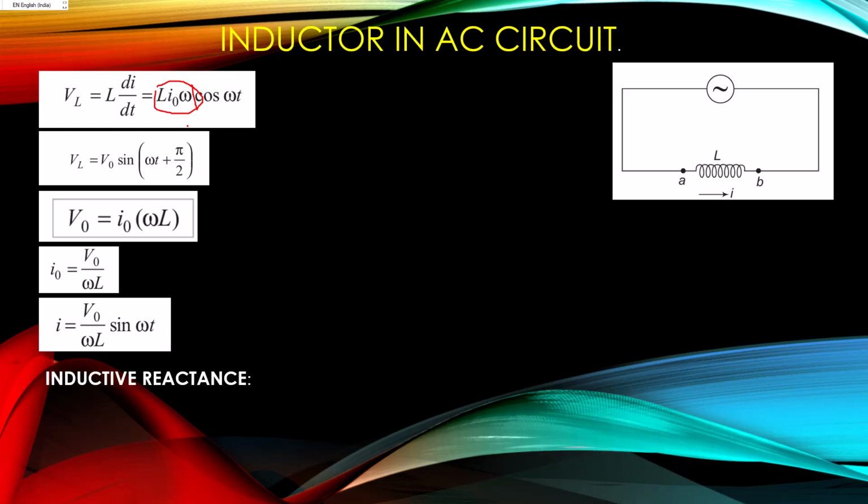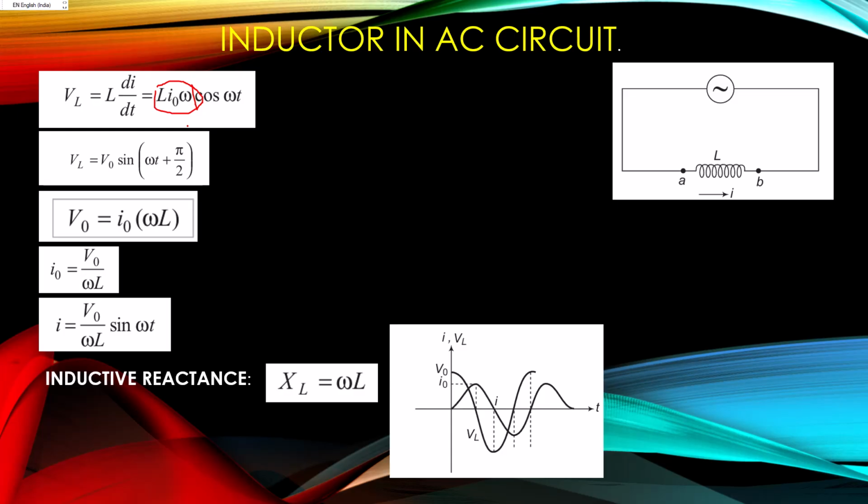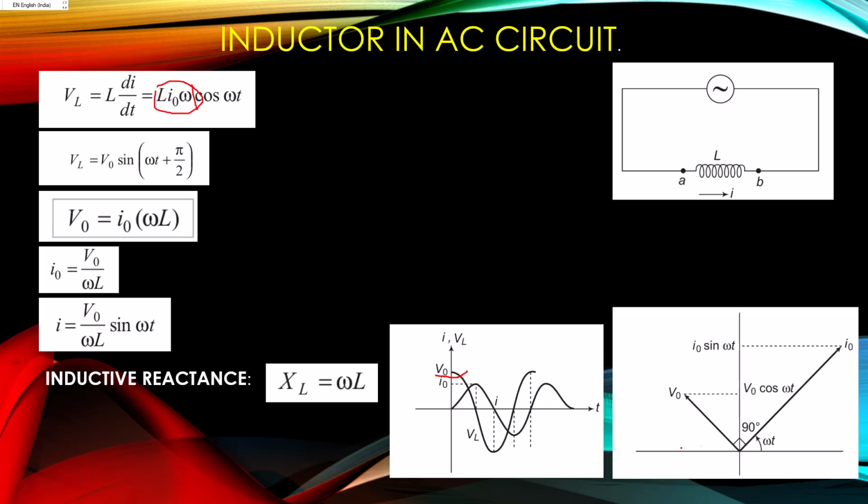So inductive reactance XL equals omega times L. This is the diagram representing sinusoidal current and voltage. Clearly we see voltage is leading the current. More clear in the phasor diagram. Again, this vector represents the voltage and this vector represents the current. So current here lags behind the voltage.